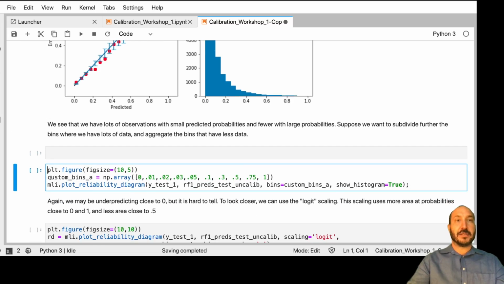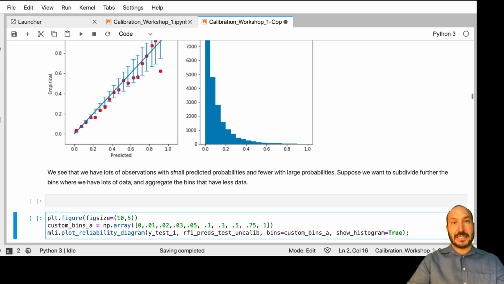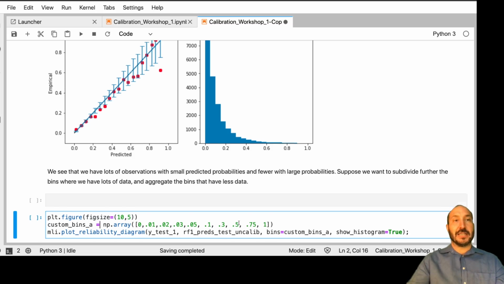I'm going to make a new set of bins, which I call custom bins A. I'm going to say it has to start at 0 and end at 1 and be increasing in between. I want to look between 0 and 0.01, 0.02, 0.03, 0.05. So I'm breaking up this big bin into 5 different bins, and then keeping the next bin the same. And then I'm aggregating bins from there on out so that we have a little more data in them.